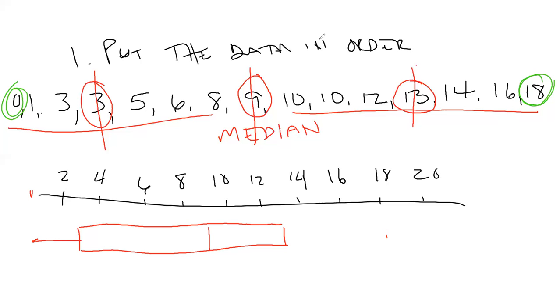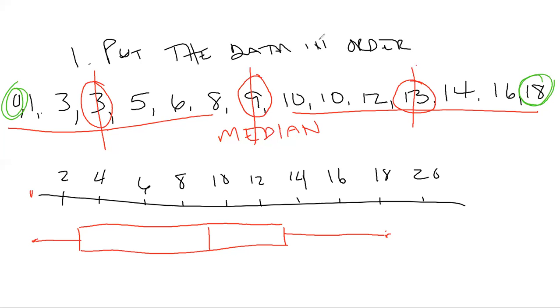Then 18 is my other end, and draw your little whisker. So drawing the box and whisker plot isn't too bad. If our median or one of these other numbers falls in between numbers, we just add those up and divide by 2, finding the median of those. But that's how I'd find the box and whiskers.